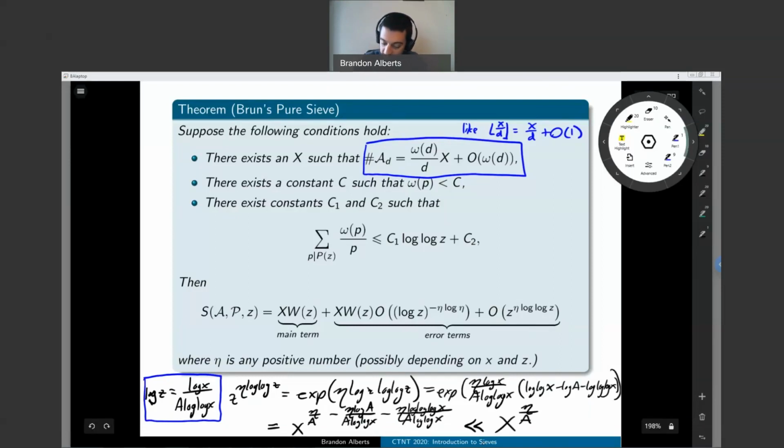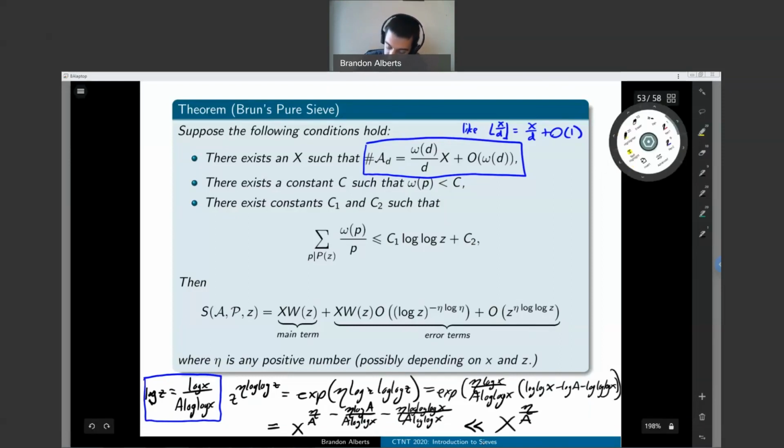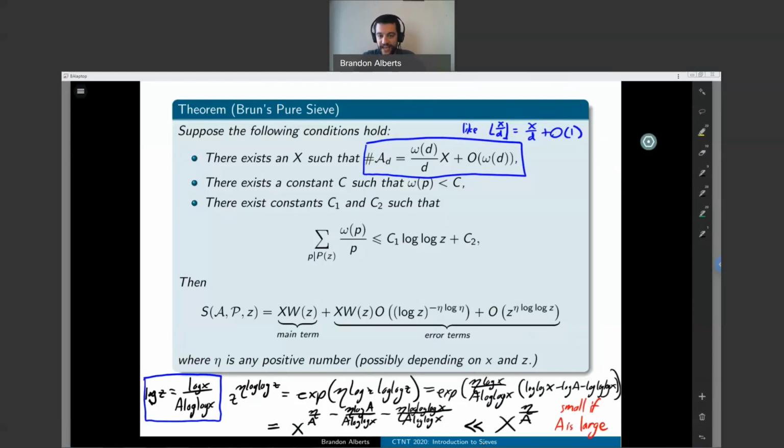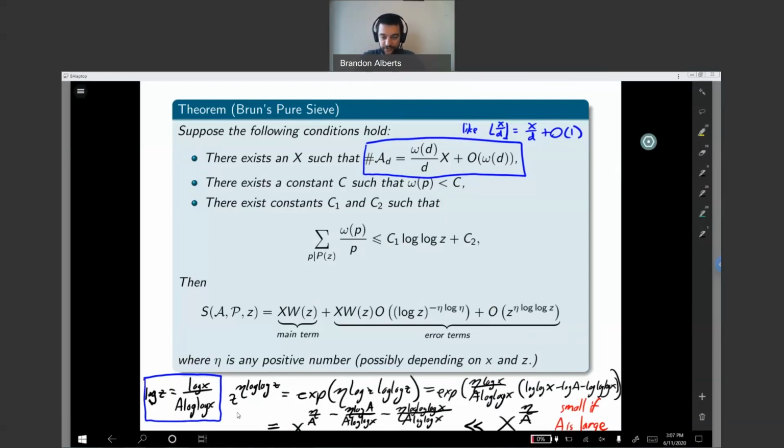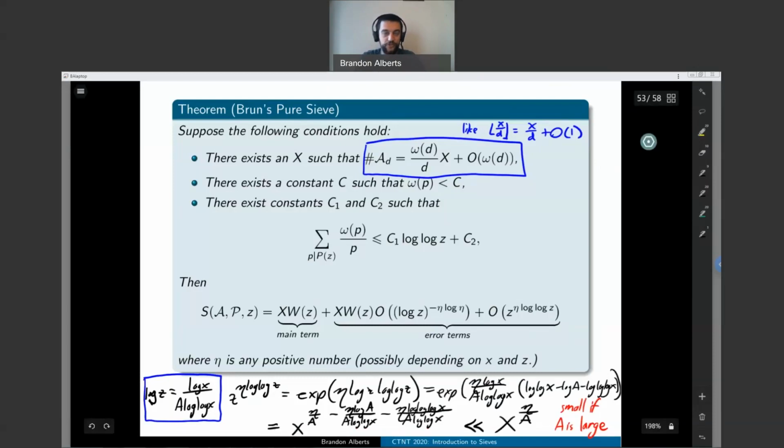And this is small as long as a is chosen large enough. In fact, it's very small. It's not just a slight savings on x to the first power. If you choose a large enough, you can make this thing as small as square root x, or cube root x, or x to the 1 over 100. This second error term is incredibly small.